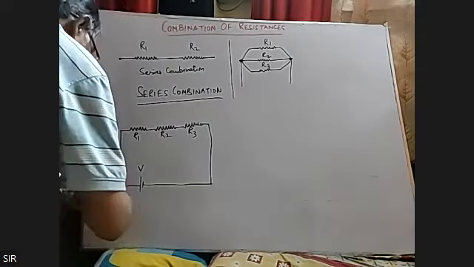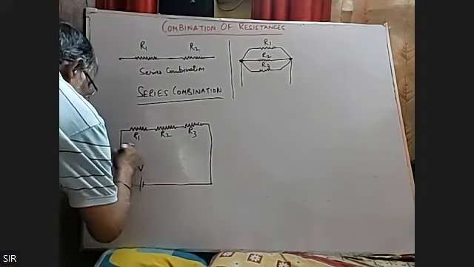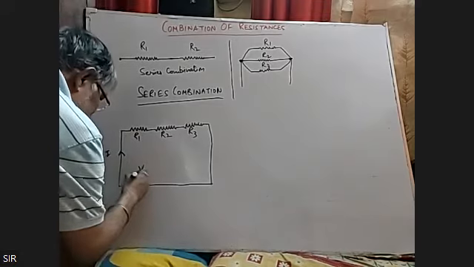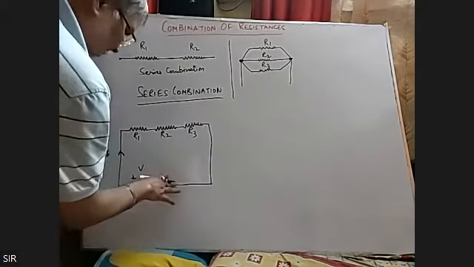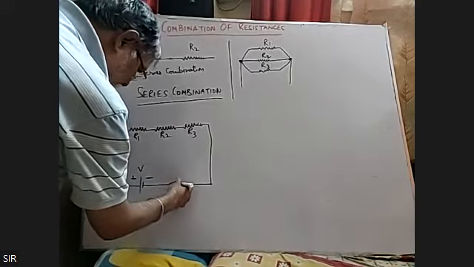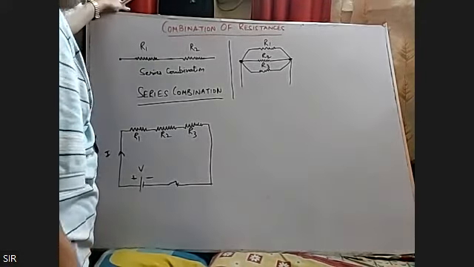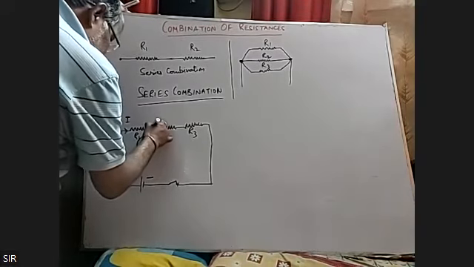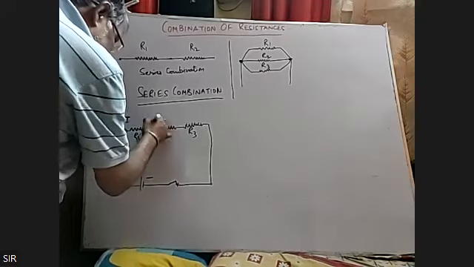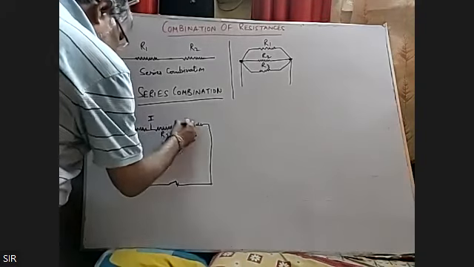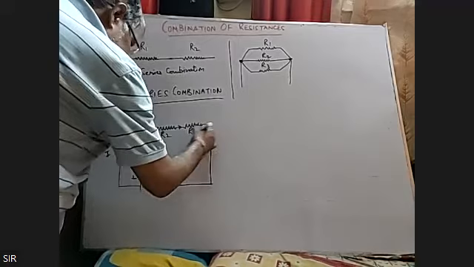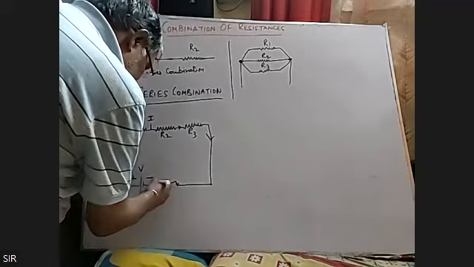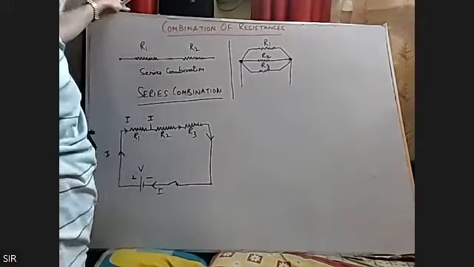Now some current I will flow like this, positive to negative. You can use a switch also if required. We can show a key also, key closed. Now the same current I has to go here. Here also, if we apply an ammeter, we'll find I. So the current I is emerging out of the positive terminal and then again getting back as I. So I remains same.